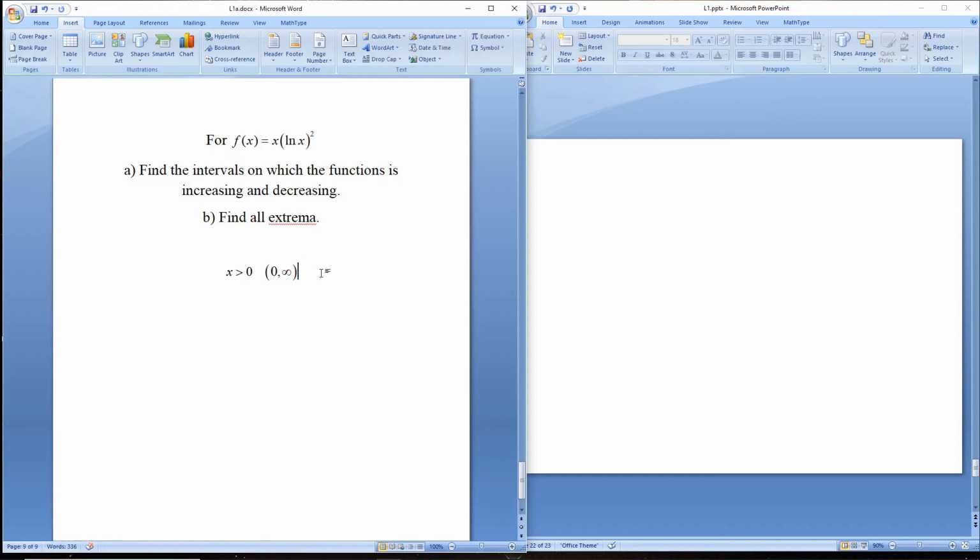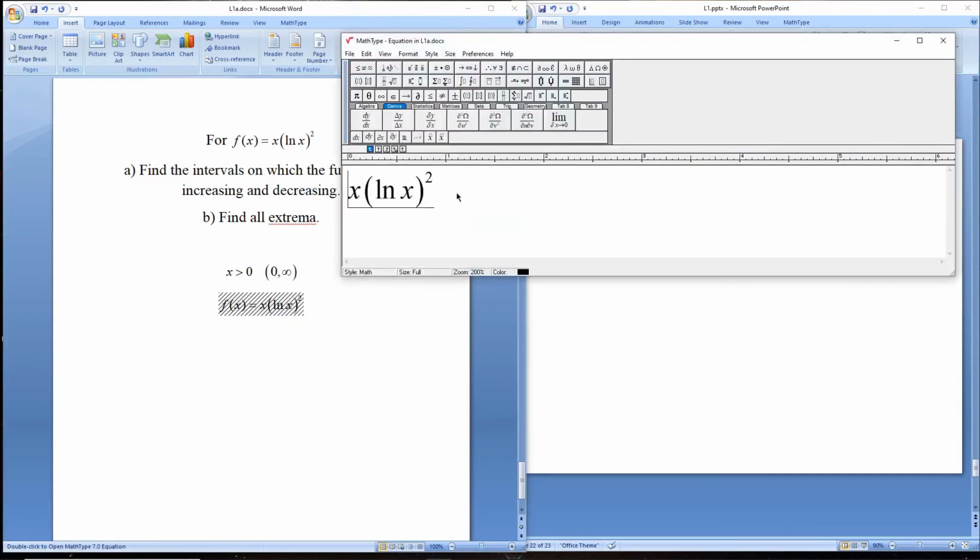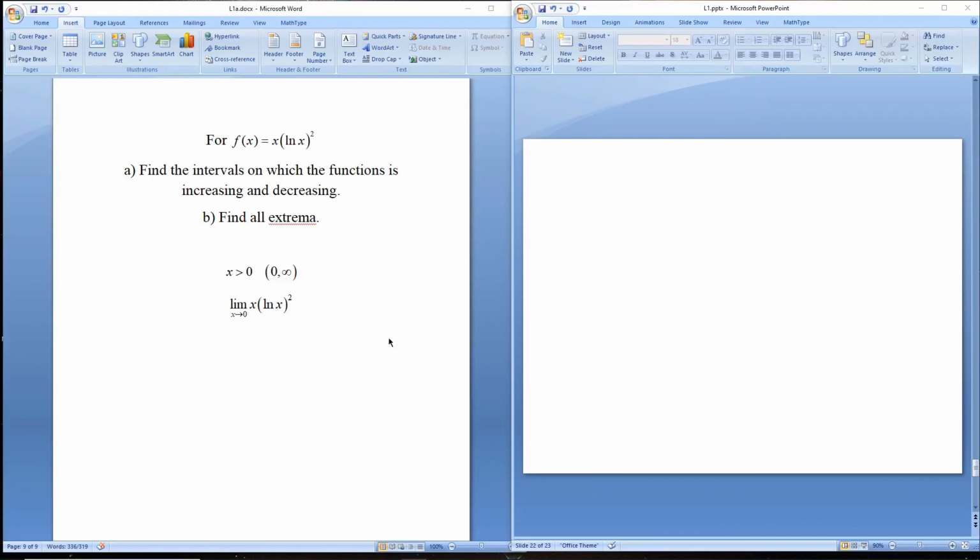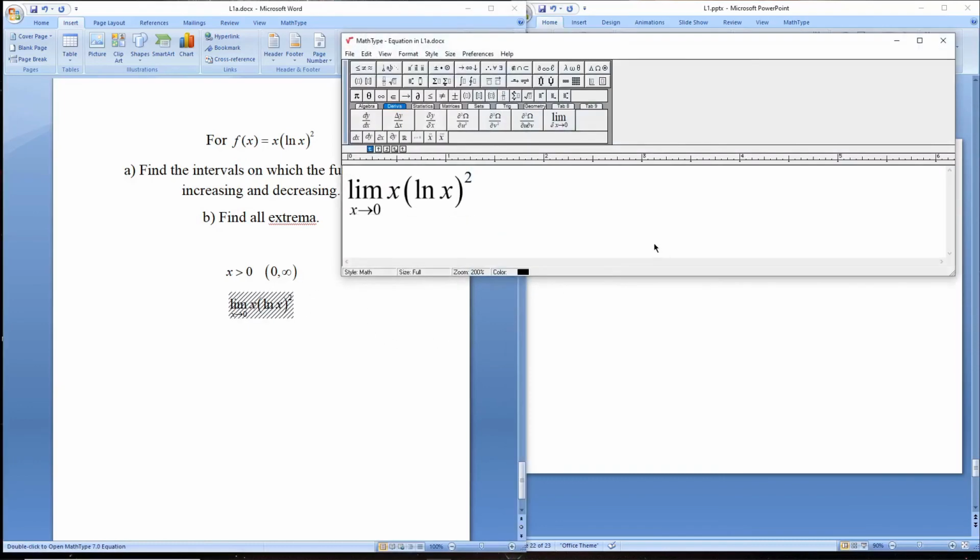So let's figure out then what happens at these endpoints. And to do that, we use the limit. So we want to know what's happening at this left endpoint where x is going to 0. And I want to be real loose with the math here, but as x goes to 0, that'll go to 0.